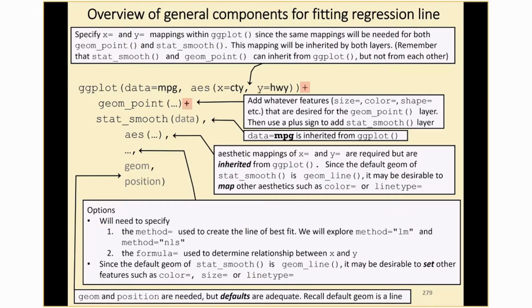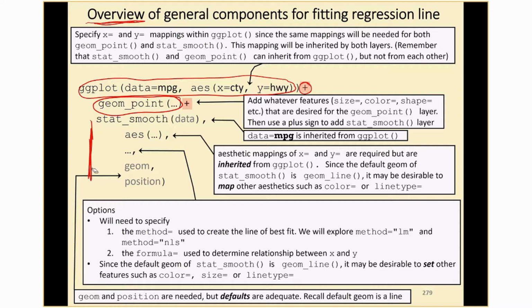So this is just an overview slide of how we're going to add a line of best fit to a scatter plot. And we're going to take advantage of the fact that ggplot2 is a layered language. We're going to have this layer here, the plotting function, and we're going to add with a plus sign this layer here to make the scatter plot, and then we're going to add with a plus sign a bunch of stuff here to add the line of best fit.